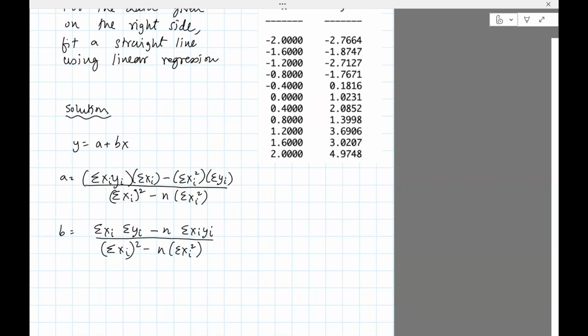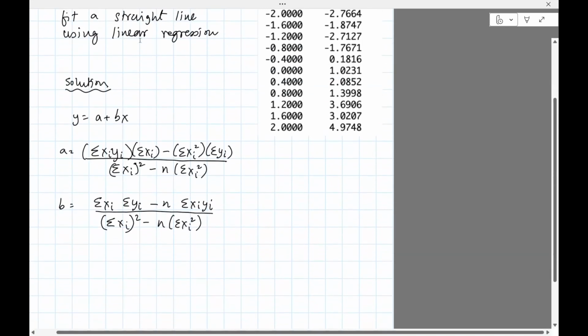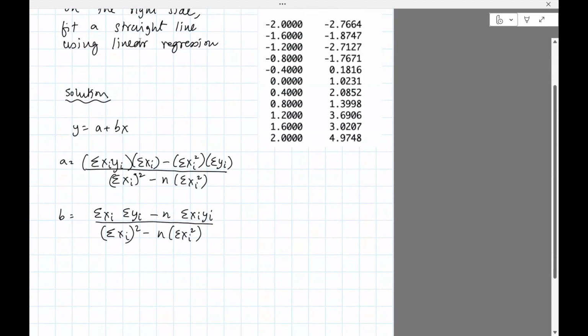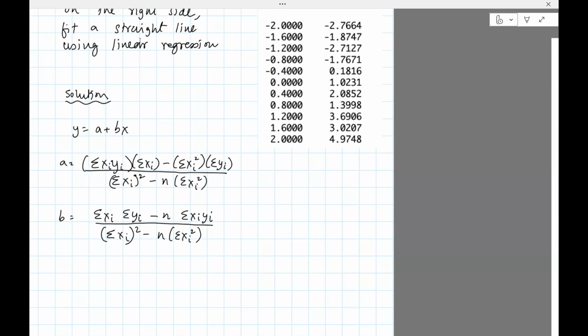Okay, there are some formulas, but they involve some summations, right? So what I suggest doing for such a problem is to actually generate tables for all the summations, and it's easier that way.